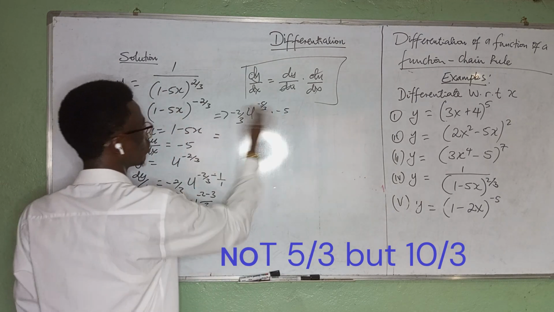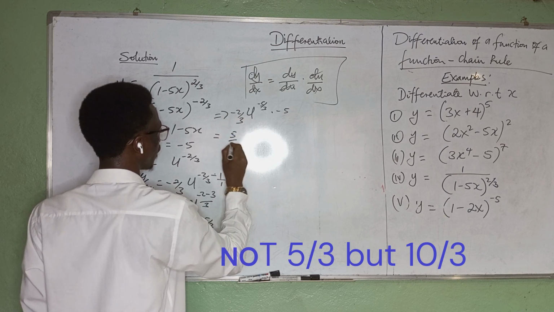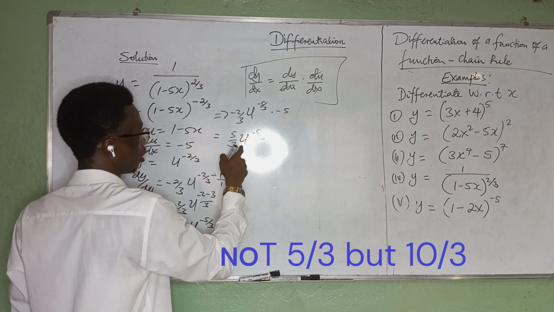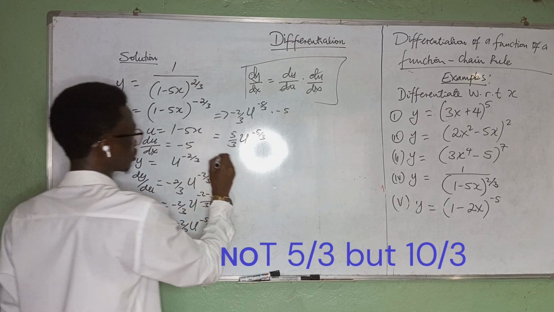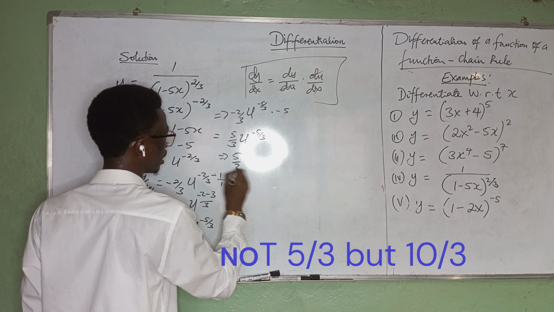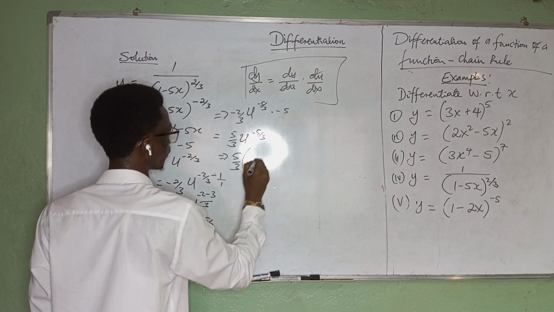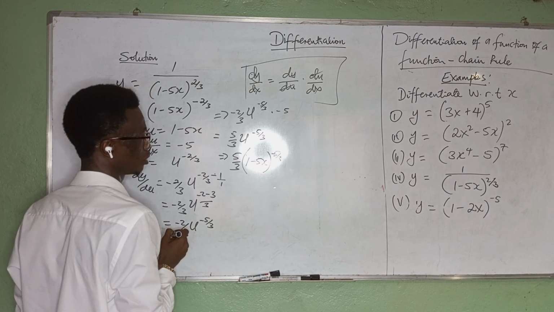If you multiply these, it gives you positive, so that's 5 over 3 u raised to the power minus 5 over 3. But what is your u? Your u is 1 minus 5x. So the answer is going to be 5 over 3 into (1 minus 5x) all raised to the minus 5 over 3.